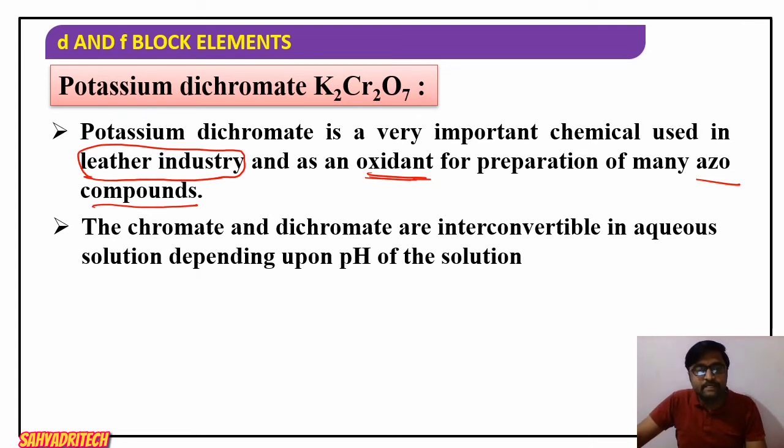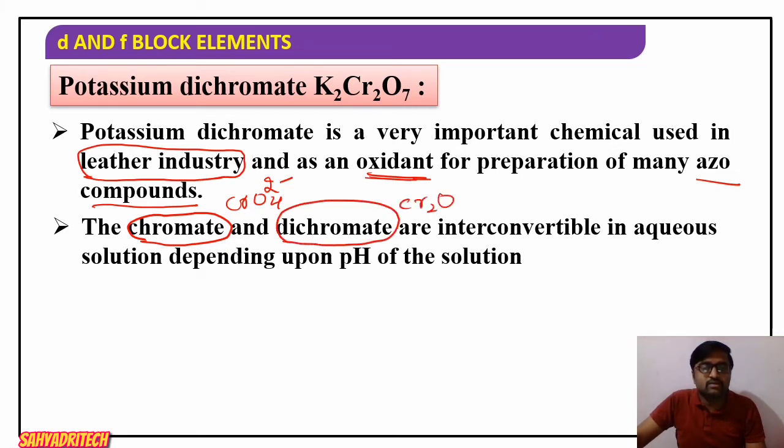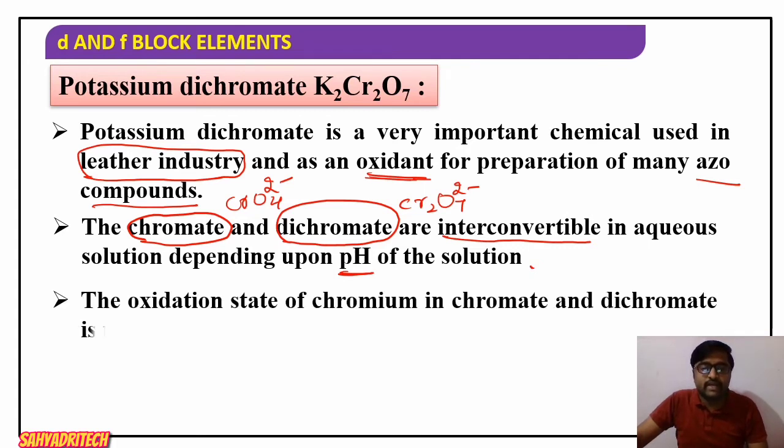Therefore we say the chromate ion CrO4 2 minus and the dichromate ion Cr2O7 2 minus are interconvertible in aqueous solution depending upon the pH of the solution. In acidic pH, chromate is converted into dichromate. In basic pH, dichromate is converted back to chromate ion. This conversion can be done by maintaining the pH of the medium.